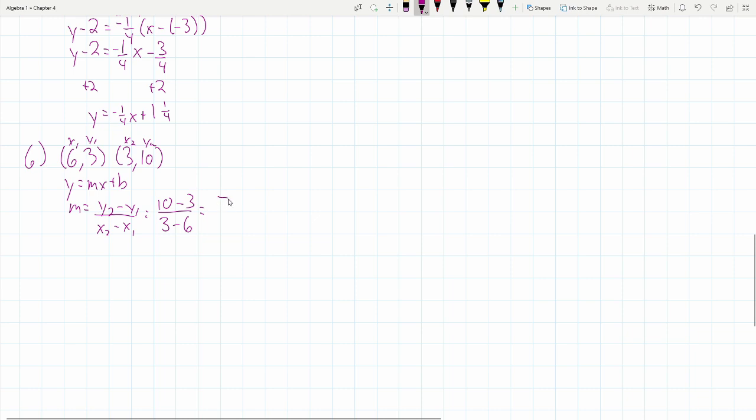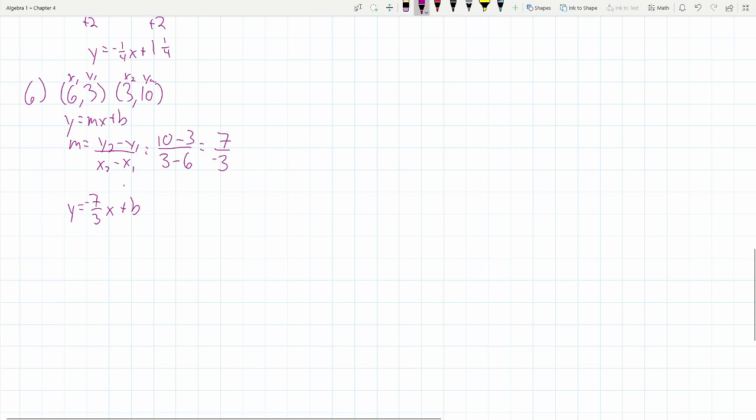And so that equals 7 over 3 minus 6 is negative 3. And this is about as far as I want to take that. So I have y equals, instead of m, negative 7 over 3 x plus b.